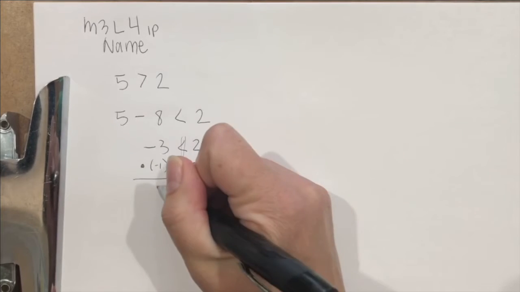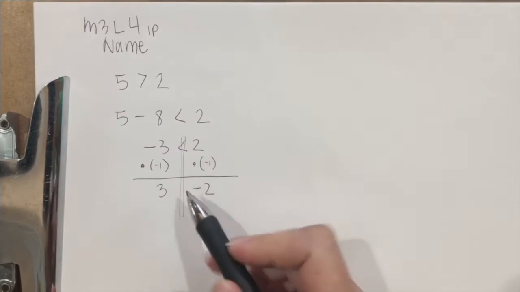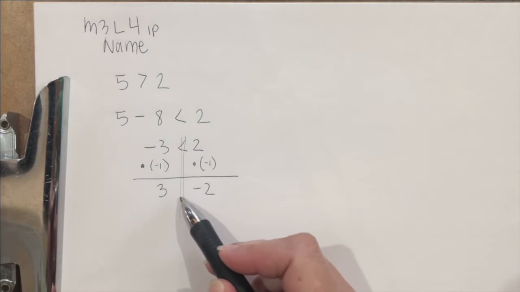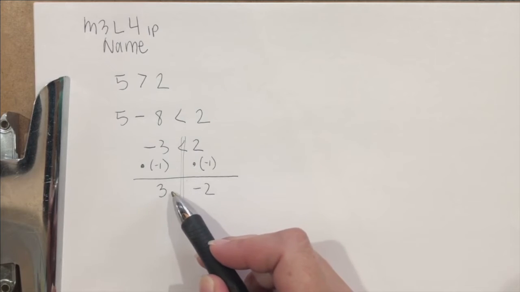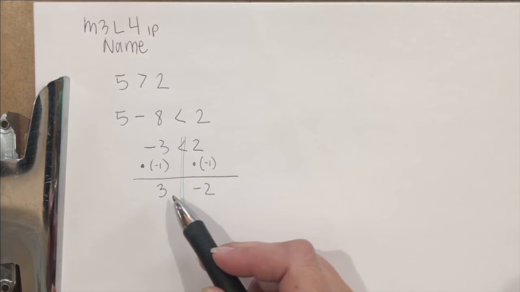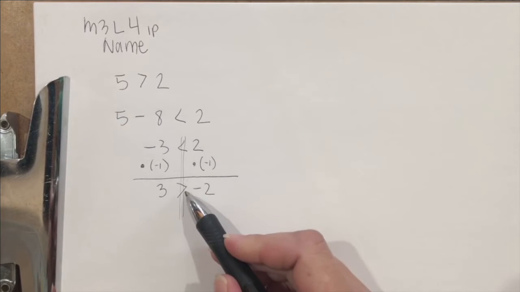What I wind up with is a +3, and 2 times -1 is -2. So if I keep the inequality with the small side pointed to the 3, that would say that 3 is less than -2. Is that true? No, 3 is bigger than -2.